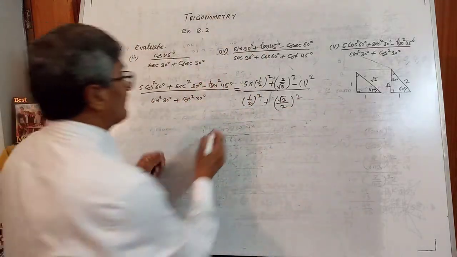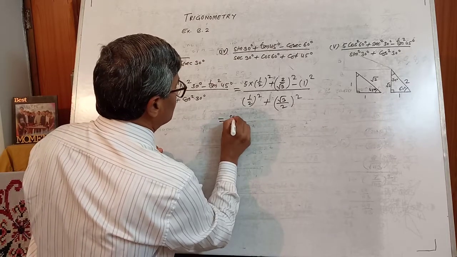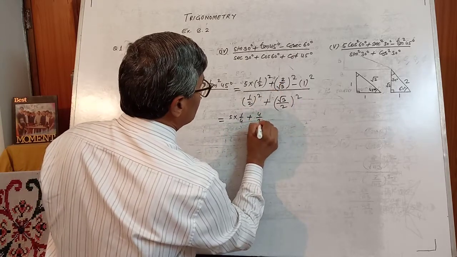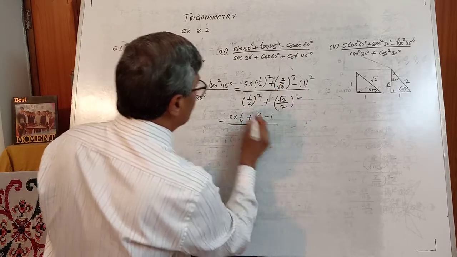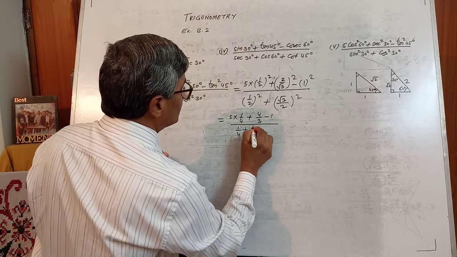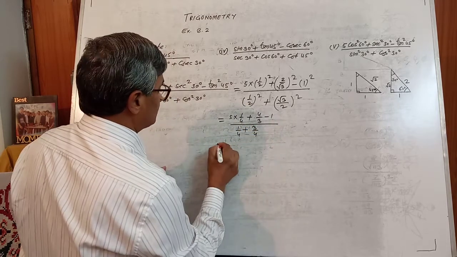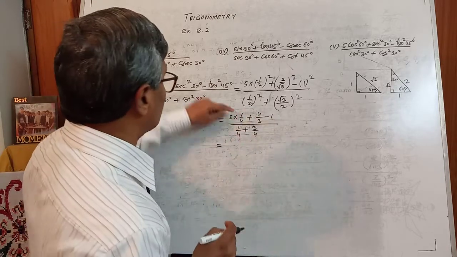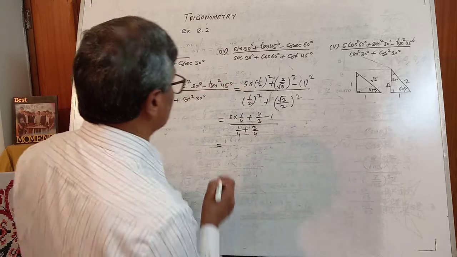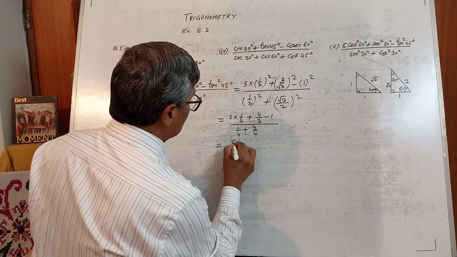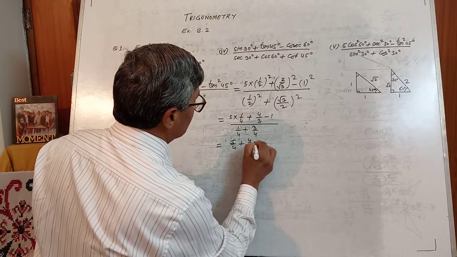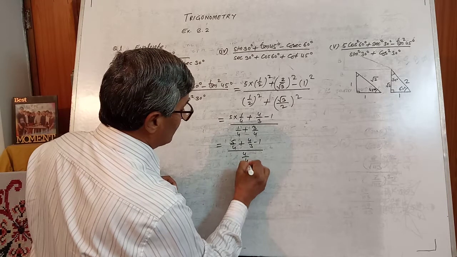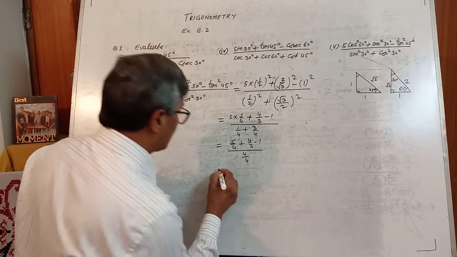Now square: 5 into 1 by 4 plus 4 by 3 minus 1, divided by 1 by 4 plus 3 by 4. Here 5 by 4 plus 4 by 3 minus 1, divided by 4 by 4. This 4 by 4 means 1.